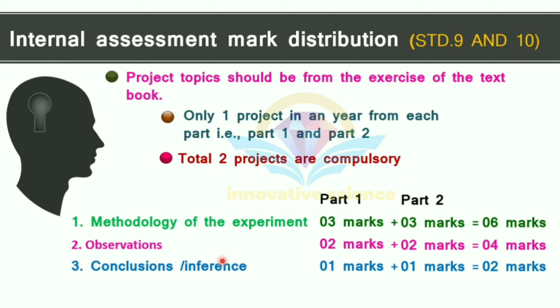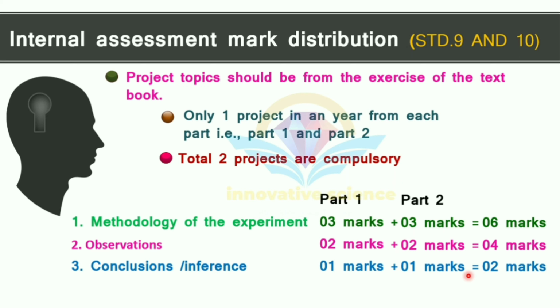Observations has 2 marks for each part. Observation gives you 2 marks, 2 marks for part 1 and 2 marks for part 2. Total 4 marks. And after that, conclusions or inference gives you 1 mark for part 1 and 1 mark for part 2. Total 2 marks.